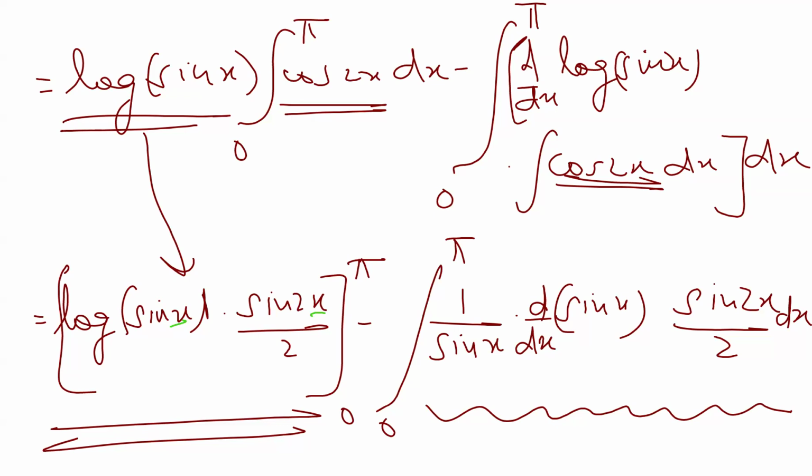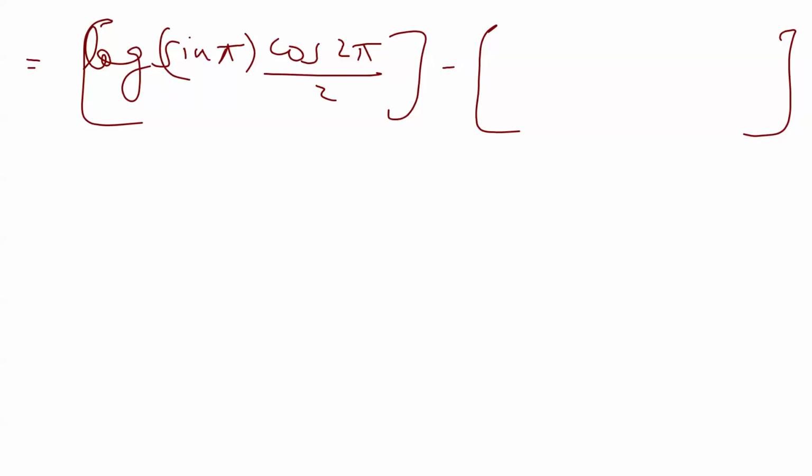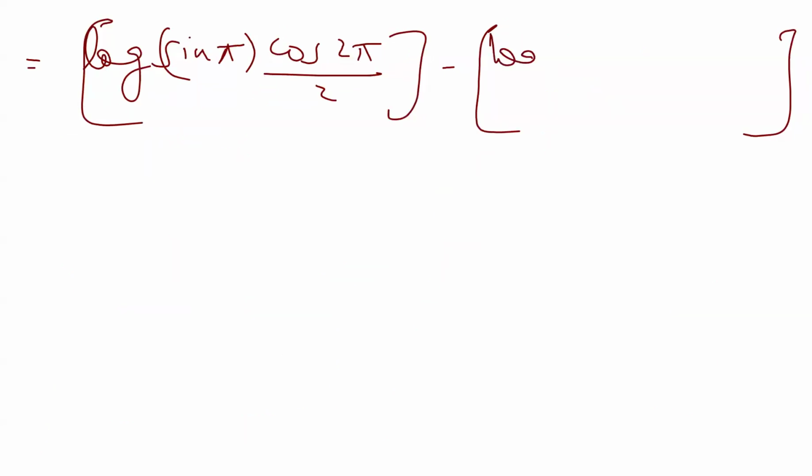So log sin pi, cos 2 pi upon 2, and log sin 0 minus sin 2 into 0 by 2, log sin 0, cos 2 into 0 by 2.